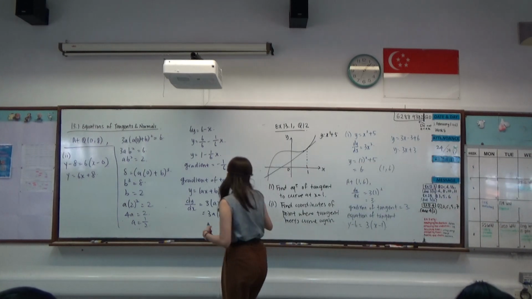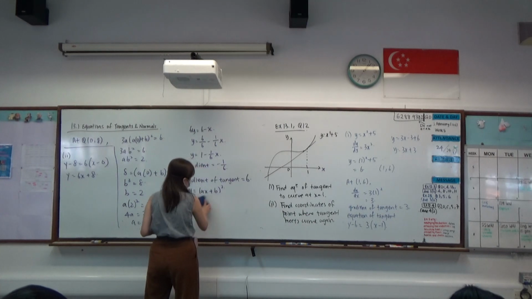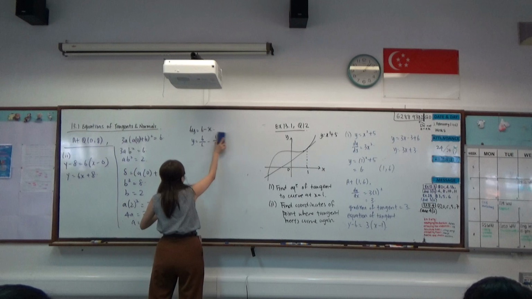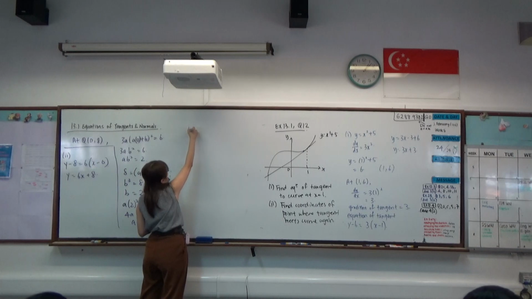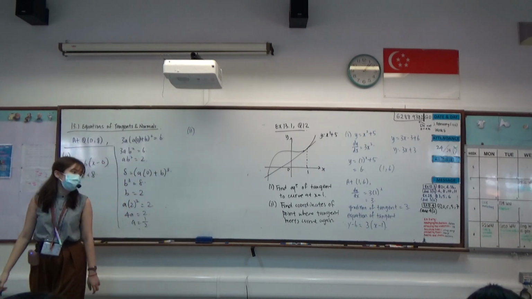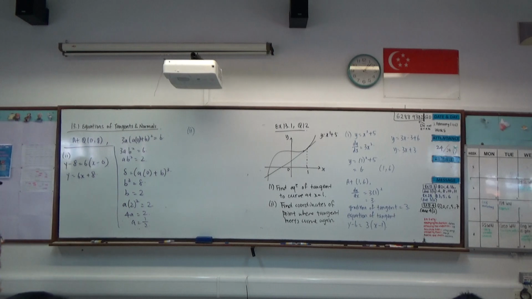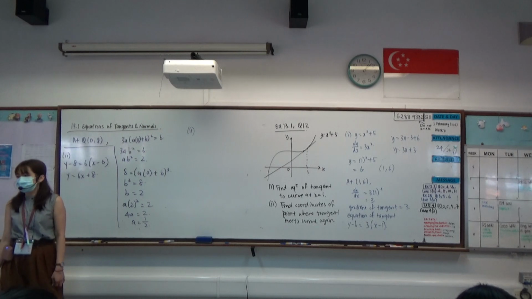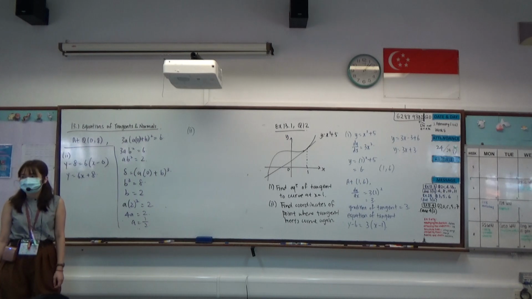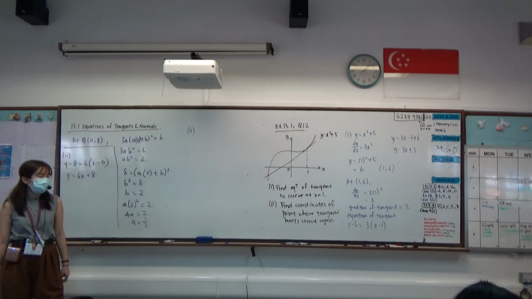Part 2, we want to find the coordinates of the point where the tangent meets the curve again. How to solve? Siying, what do you think? What does it mean when the tangent meets the curve again?